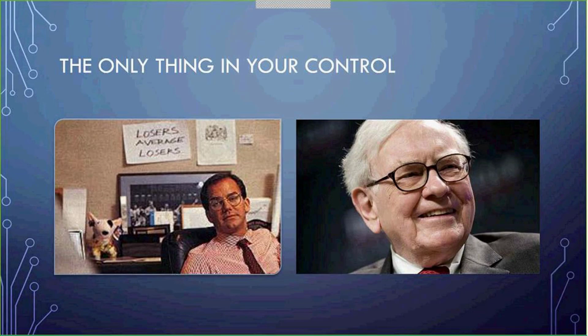And so why do I keep on talking about risk and reward? The picture on the left here, Paul Tudor Jones. Picture on the right, Warren Buffett. There's many other traders, Richard Dennis, many other famous traders that all push the same thing. It's risk versus reward.